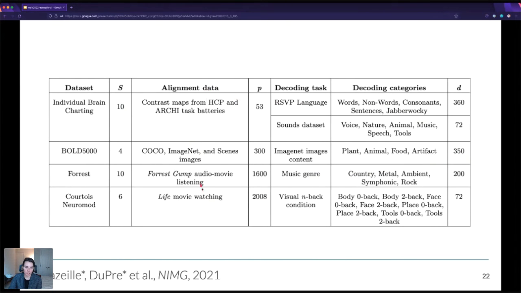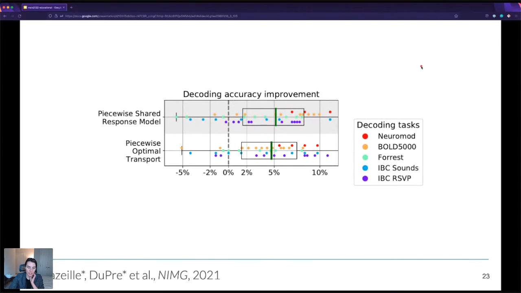So we had a range of different kinds of alignment data, covering movie watching, audio movie listening, task contrast maps, visual images, and a range of decoding categories, right? So visual working memory, music, images, sounds, language. This is really a broad span of what we'd usually look at in cognitive neuroscience. And when we used alignment on these data, we actually found that we could recover a significant amount.